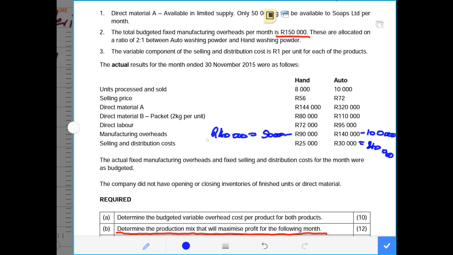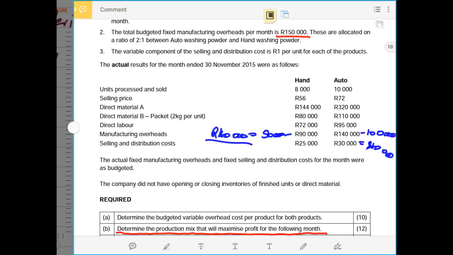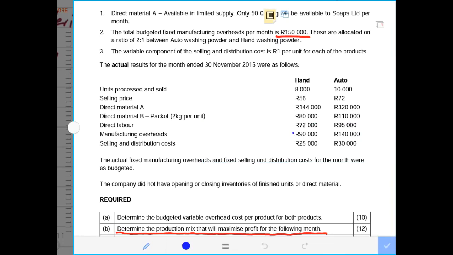Because we have the total of the actual variable overheads, minus 50,000, because the actual is in total, I can just immediately use my total once again. That will be 40,000.